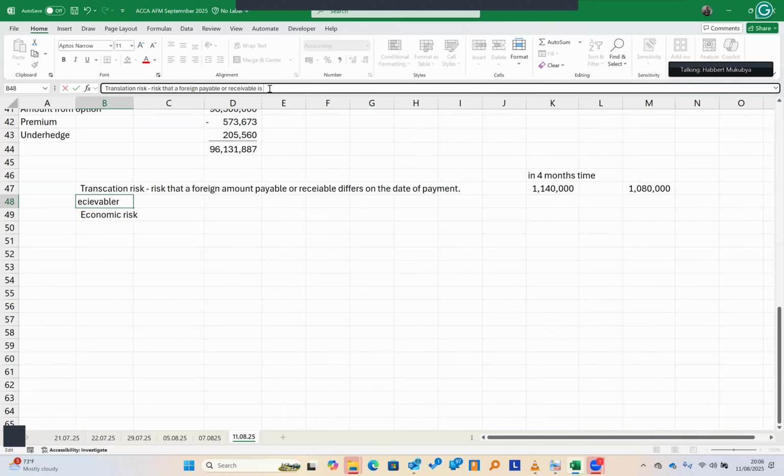is translated at the end of year, at year end, and the value differs. I'm just paraphrasing this so that you understand the value differs from the previous year.